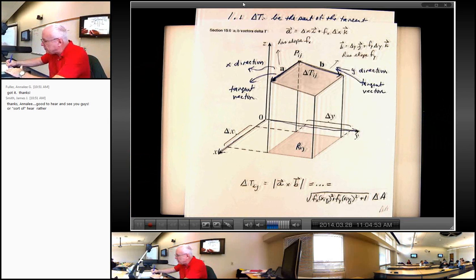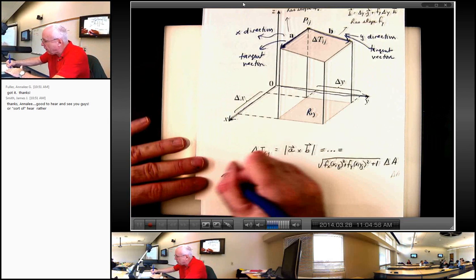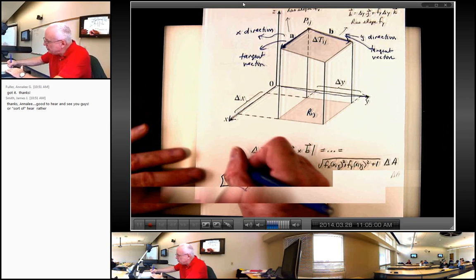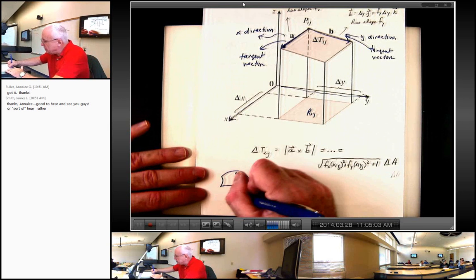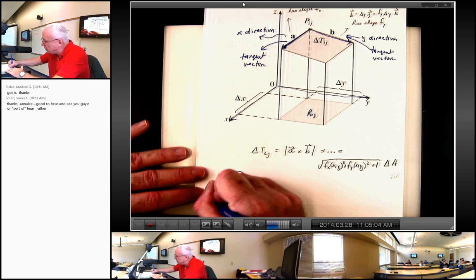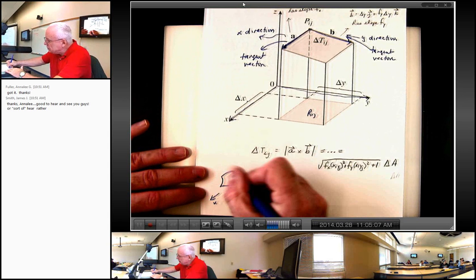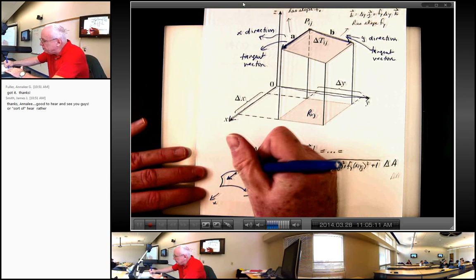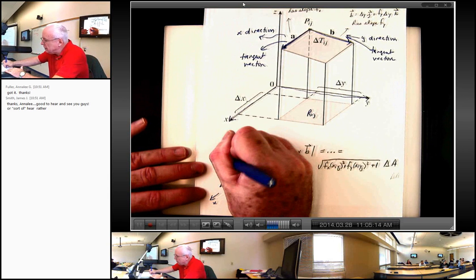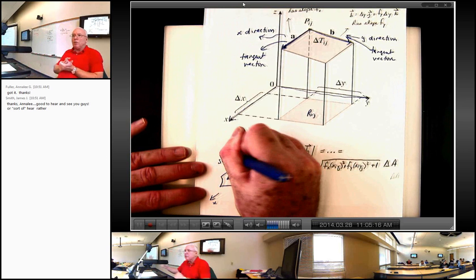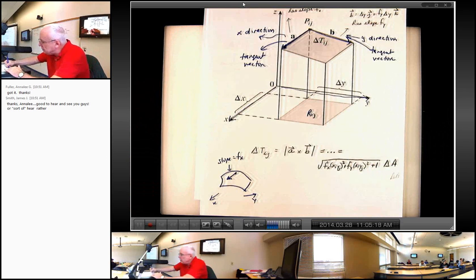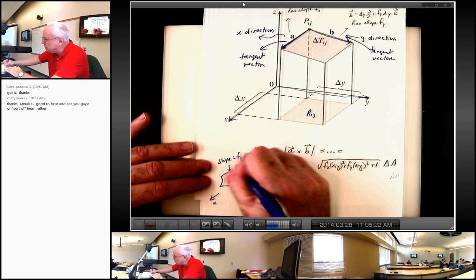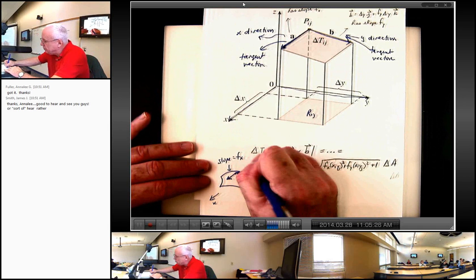If we have a surface here and a point on the surface, say this is the x direction and this is the y direction, this tangent line's slope is equal to fx, and the slope of the one going in the y direction is fy.